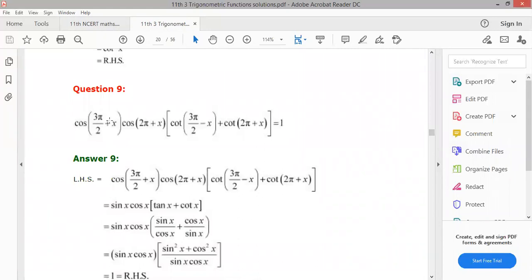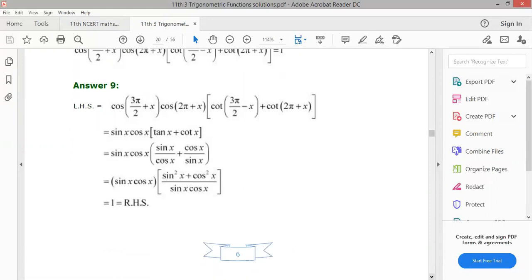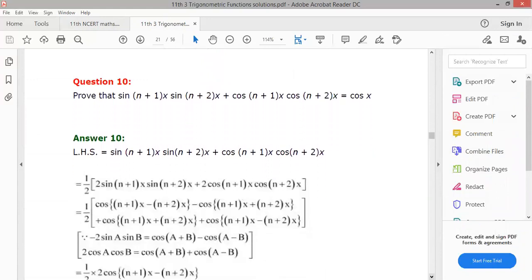Here the concept of the complementary function, cos of odd multiple of pi by 2 plus x, cos of even multiple of pi by 2 plus x, cot of odd multiple of pi by 2 minus x, and cot of even multiple of pi by 2 plus x we have used. So you see, we can solve this and you get this. This and this get cancelled, and you are left with sine square x plus cos square x is equal to 1. So these questions are very simple.